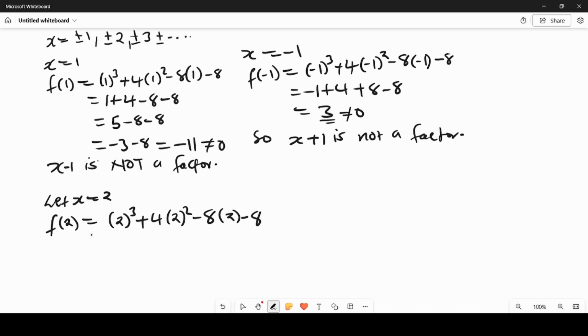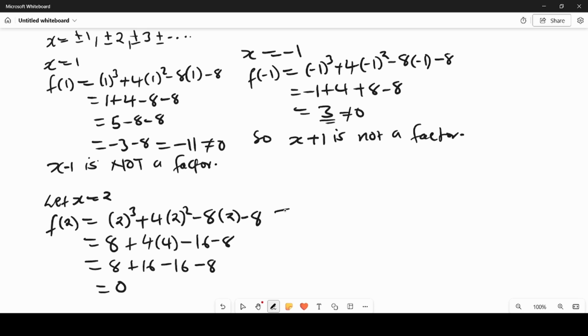Okay, then we should have 8 plus 4 times 4 minus 16 minus 8. This is 8 plus 16 minus 16 minus 8. So this is going to give us a 0.